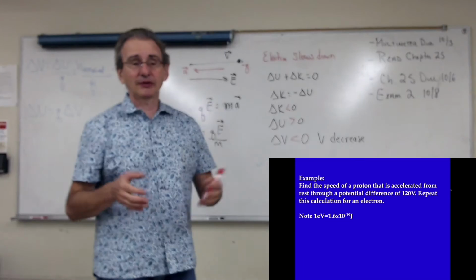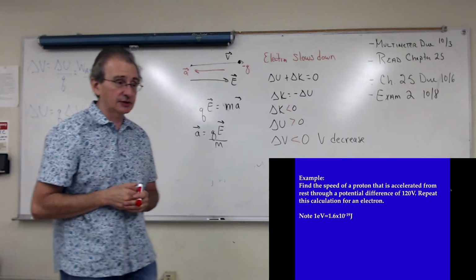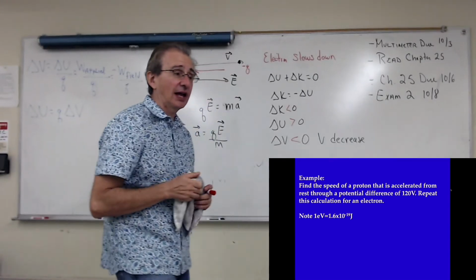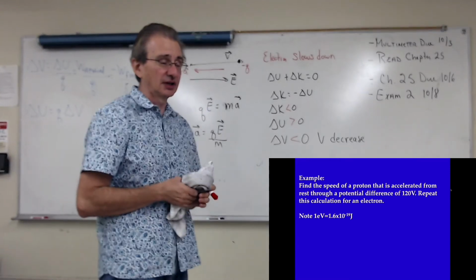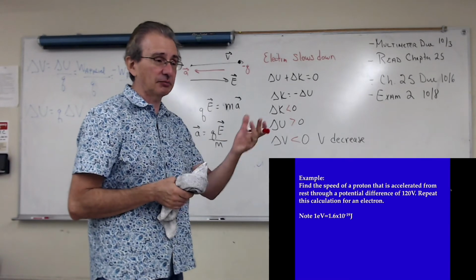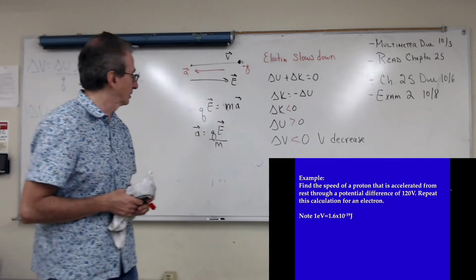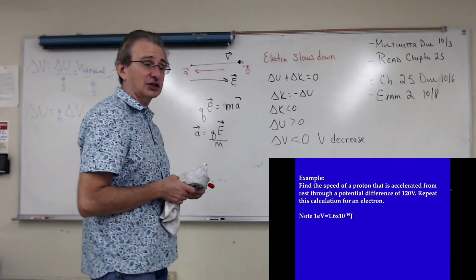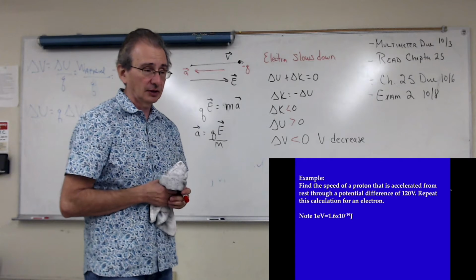Let's do more of a mathematical problem, and then we can talk a little bit about units. Suppose we have a proton that is accelerated through a potential difference of 120 volts, and I've been very ambiguous about what the 120 means, because I want us to think about what that means. We want to find the speed of the proton after it's been accelerated through 120 volts.